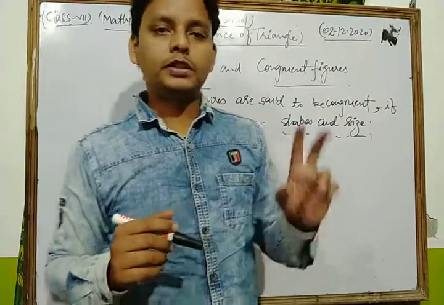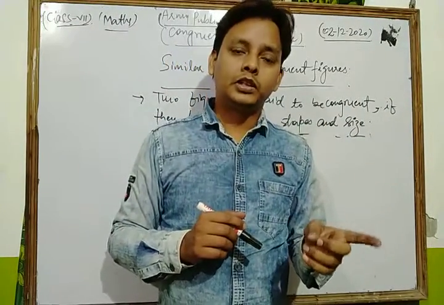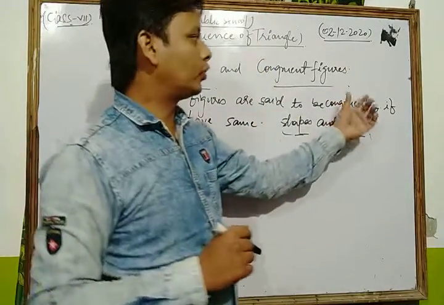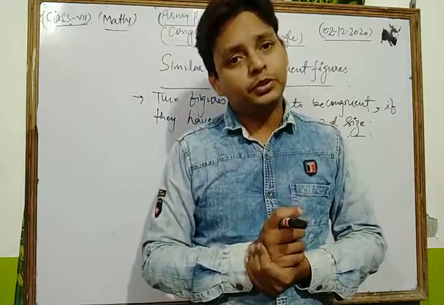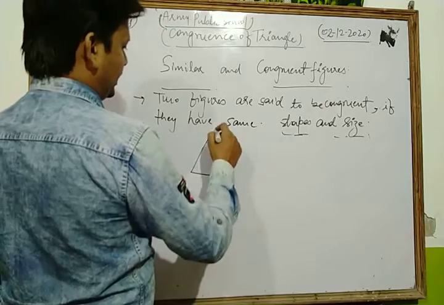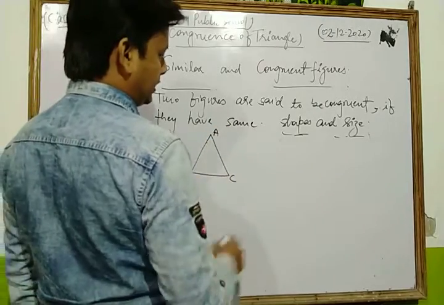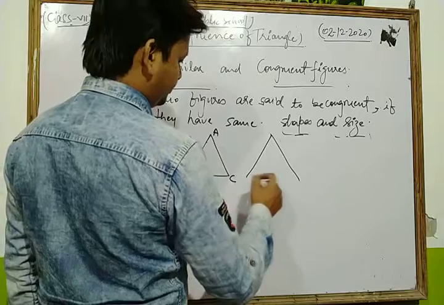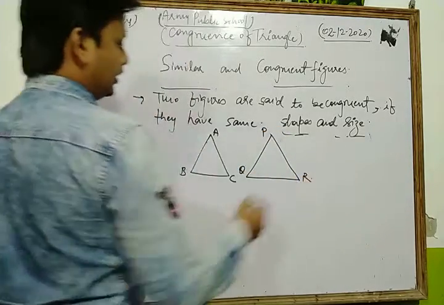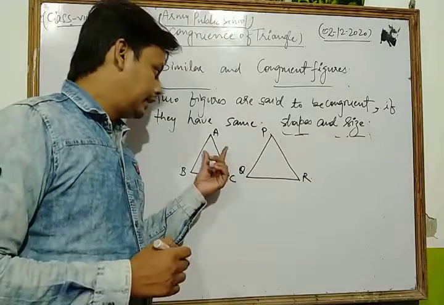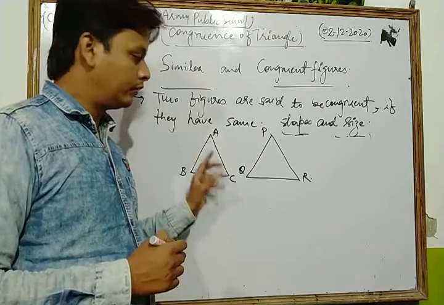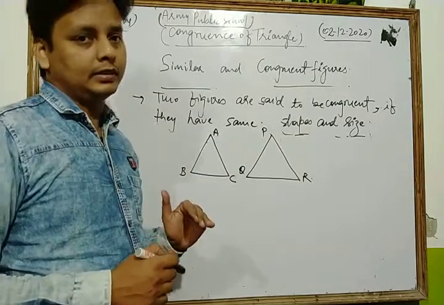So two figures are said to be similar if they have the same shape but different size, but in congruent figures, two figures are said to be congruent if they have the same shape and size. Suppose we draw two triangles, one triangle ABC and another triangle PQR. Here the two triangles are congruent because they have the same shape and size.